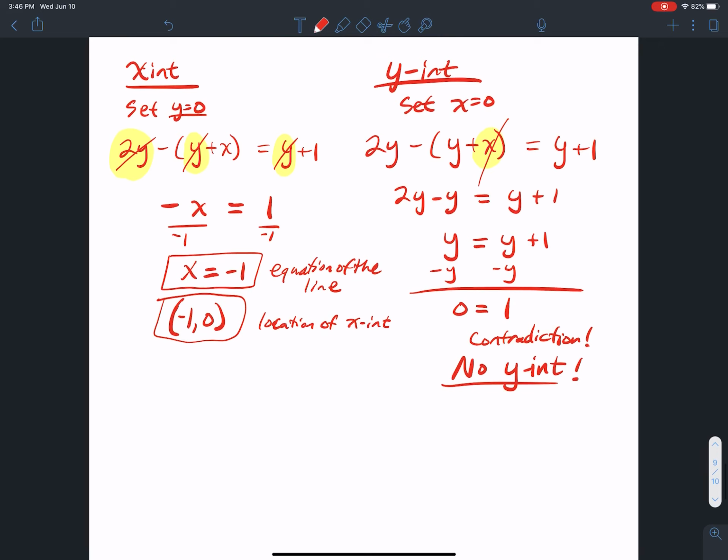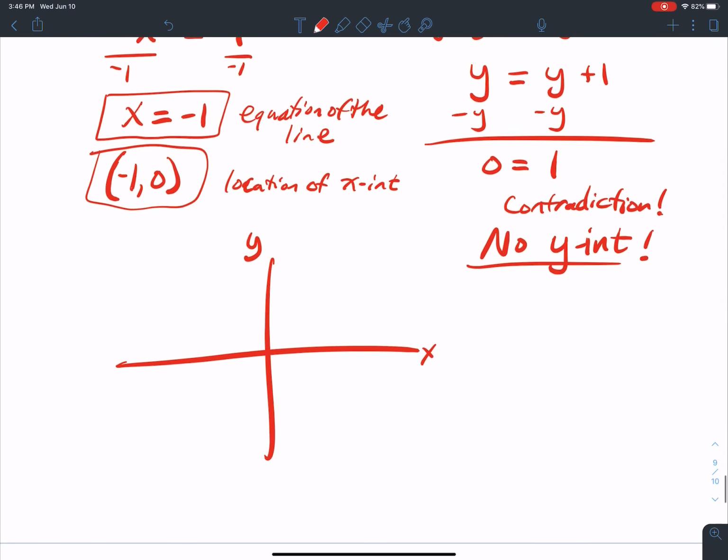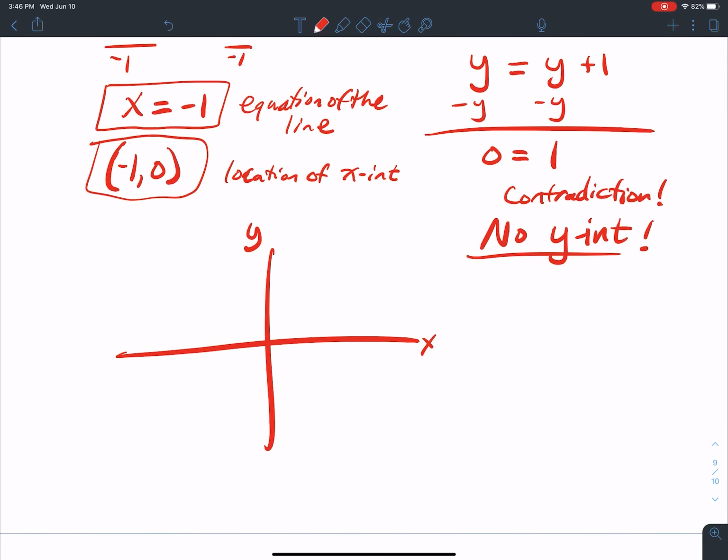If I graph this, I go over -1. That's the line. If there's no y-intercept, that means I can never cross the y-axis, so I have to be vertical just like this. And so that's the equation, x equals -1.